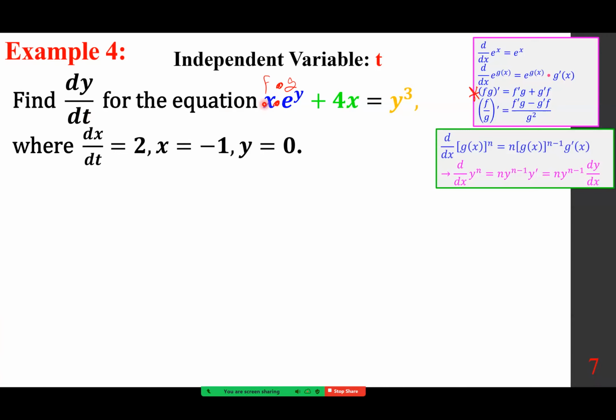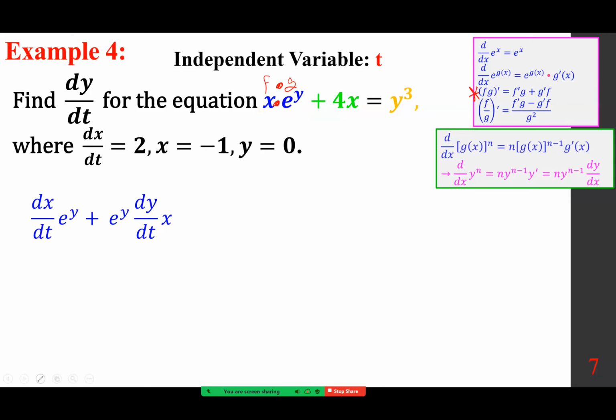That means dx dt times g, which is e to the power of y, plus the derivative of e to the power of y, which is itself times dy dt, times f, which is x.